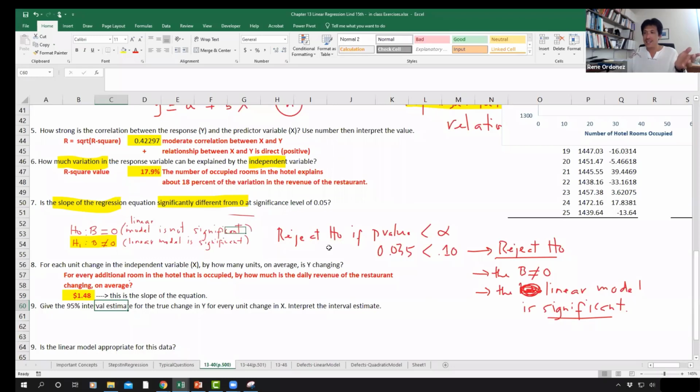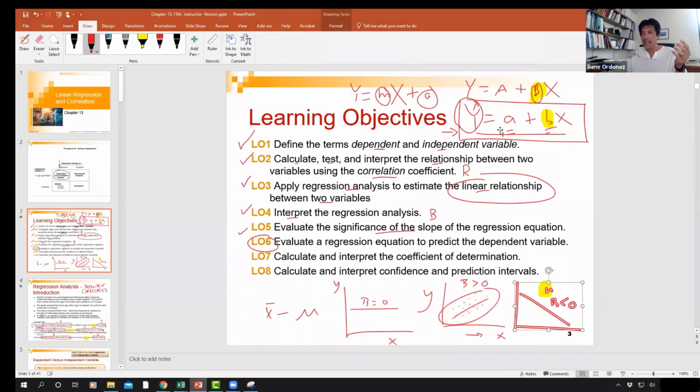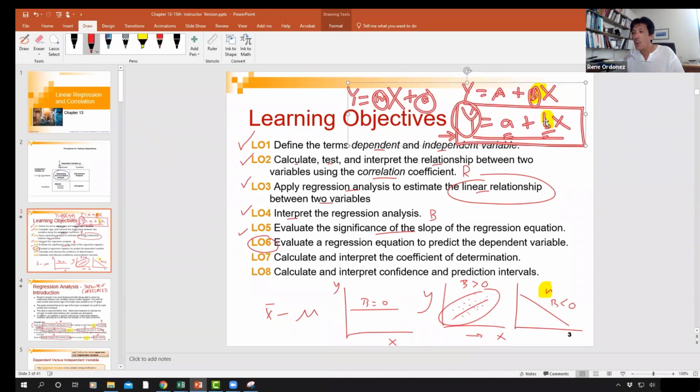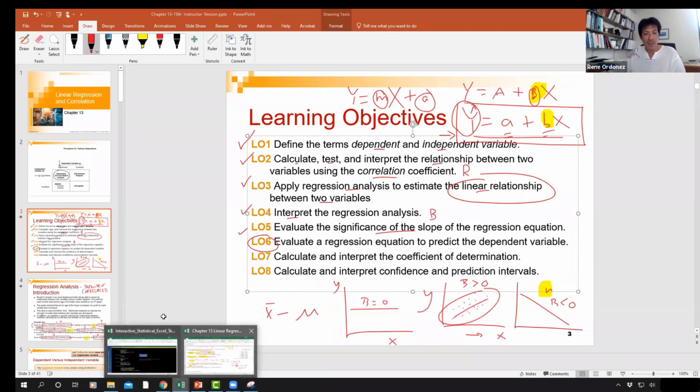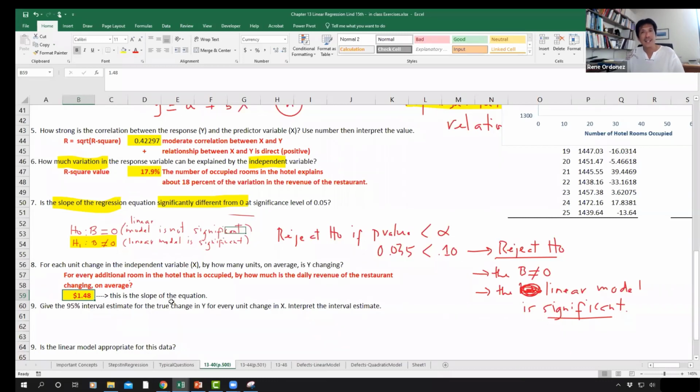Recall that earlier, I said that this is a point estimate of the true slope. Okay, in other words, this $1.48 is simply a point estimate of the true slope, which we don't know.